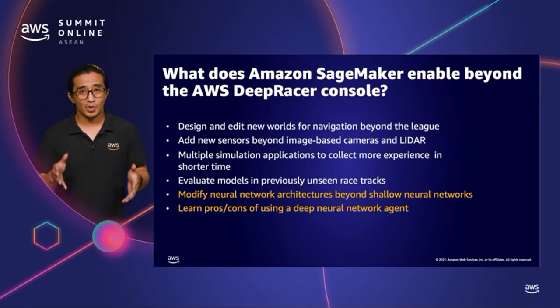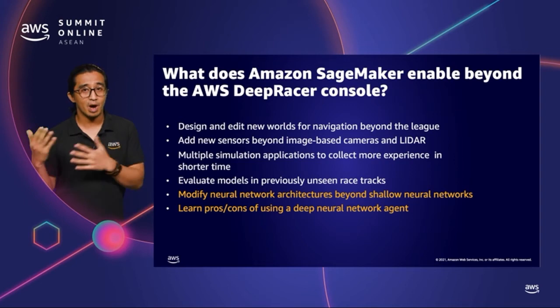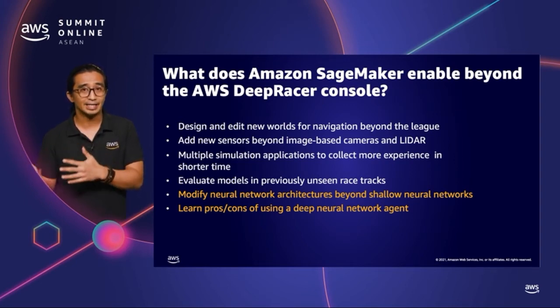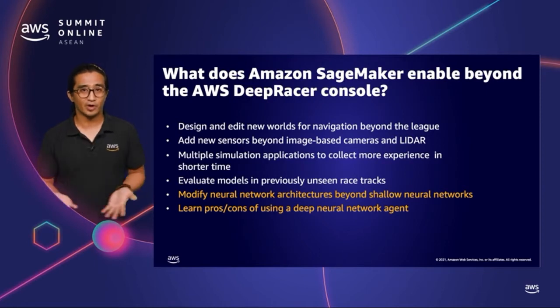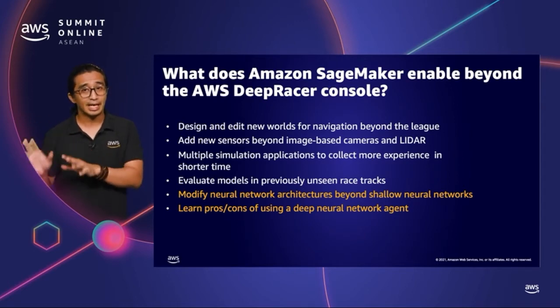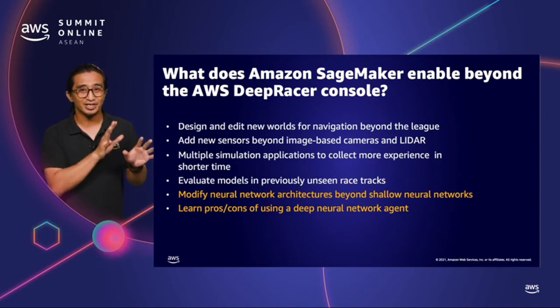Now, one of the most amazing features of leveraging an Amazon SageMaker Notebook is that you can create your own environment. With flexibility in creating tracks, you can also modify your vehicles by adding new sensors to capture, navigate, and interact with your custom environment. The current version of the DeepRacer agent has 2 cameras, and also a LiDAR sensor. But with SageMaker Notebooks, you can add additional sensors, such as proximity sensors.